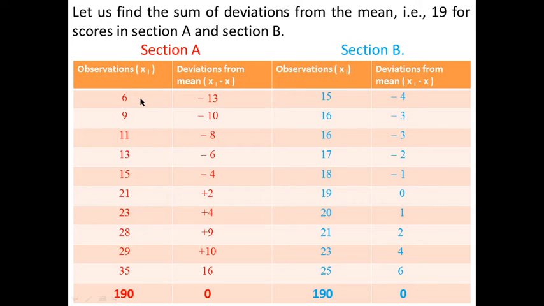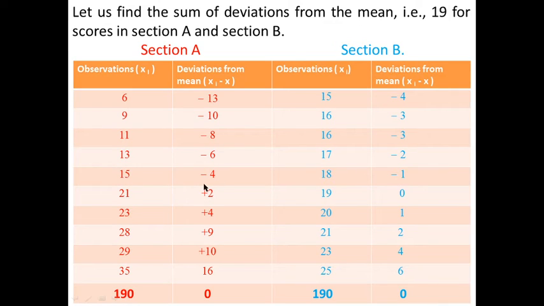Observations minus the mean: 9 minus 19 is equal to minus 10. 11 minus 19 is equal to minus 8. 13, that means 13 minus 19, minus 6.